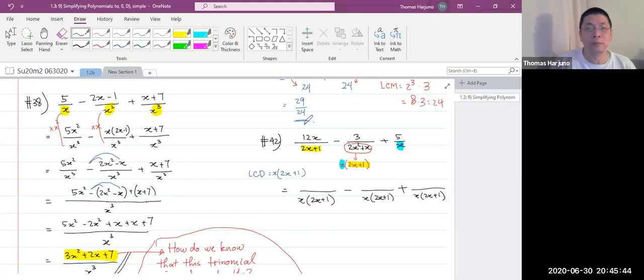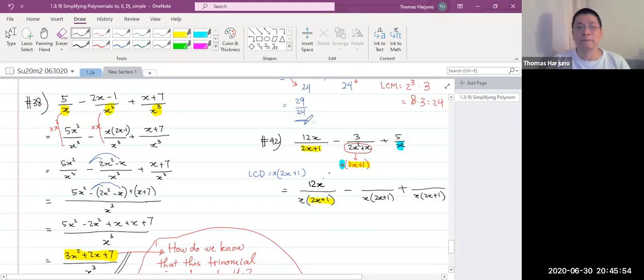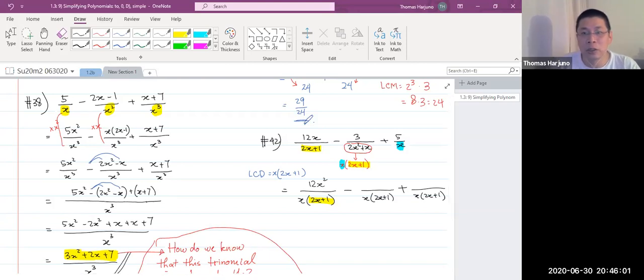Now adjustment. For the first term, I already have this. I was missing x. So the first term will be 12x squared, right? For the second rational expression, the denominator is actually the same, so no adjustment necessary.